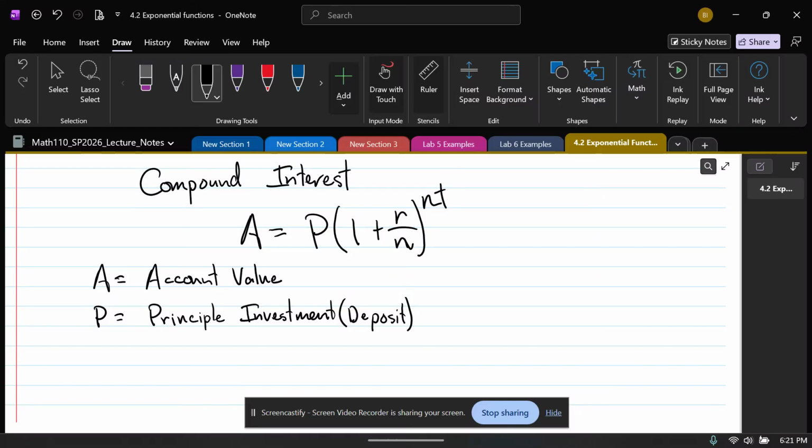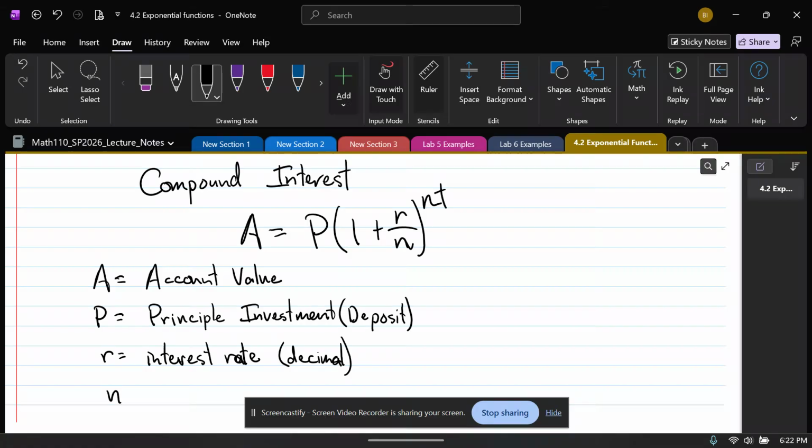How much money you put into that account is that principal investment. The R is your interest rate. Make sure you change that to a decimal. So they're going to give you the interest rate as a percent. Make sure we change it to a decimal.